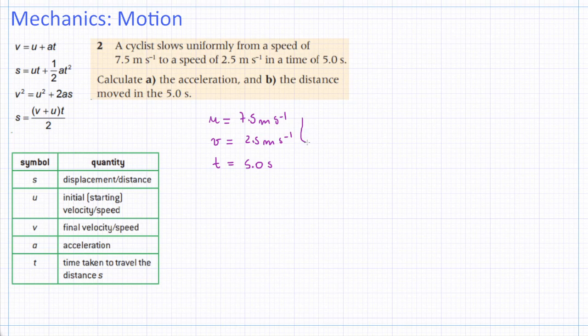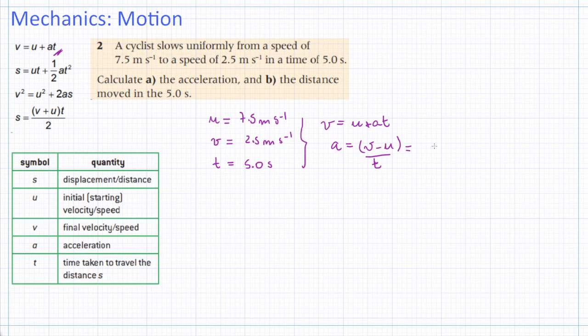Now for this, if we take a look at our equations, the easiest one is the first one, right? So v, we can rearrange that equation, but let's just copy first. So v equals u plus at. This only works if our acceleration is uniform, okay? Now, a would be v minus u divided by t.